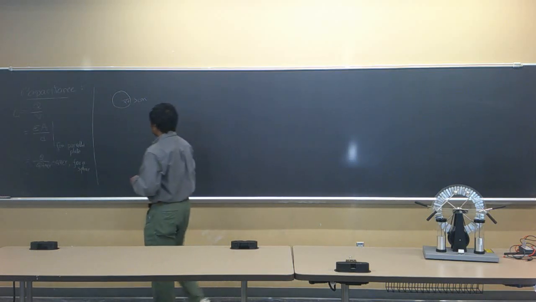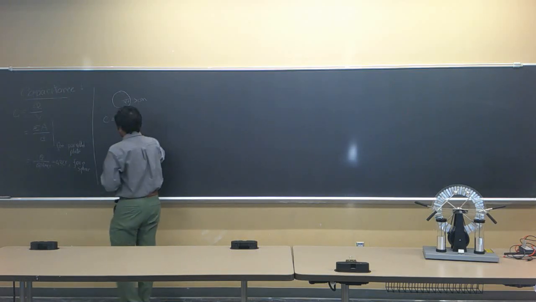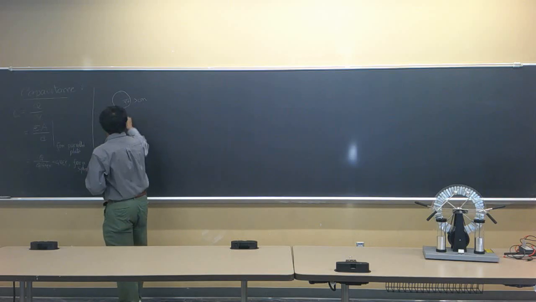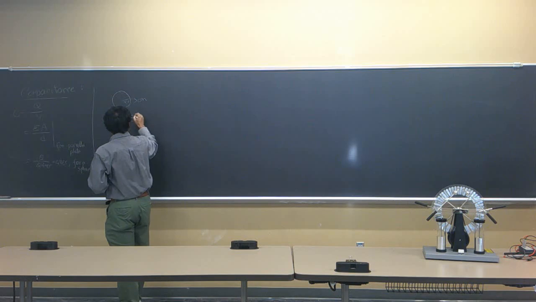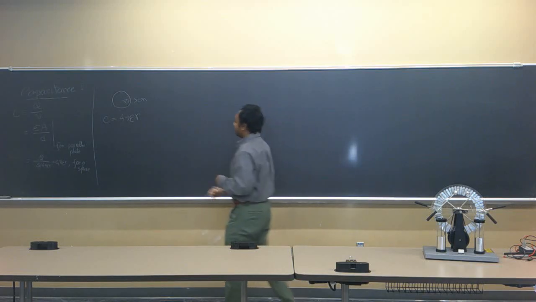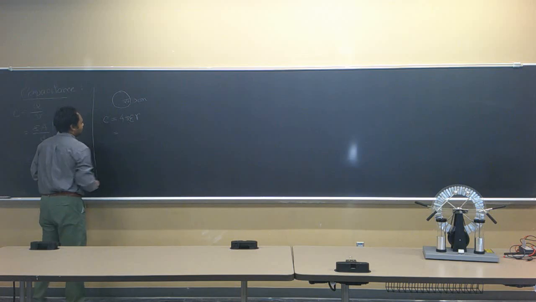For such a sphere, what will be the value of capacitance? So we know that capacitance for a sphere is 4 pi epsilon r. So 4 pi epsilon r would be the value of the capacitance. If you plug in the value of radius 3 centimeters, what will you get?